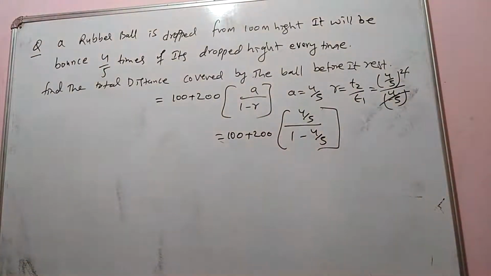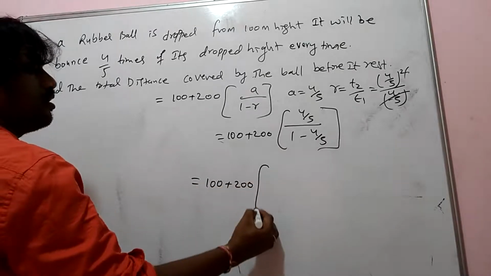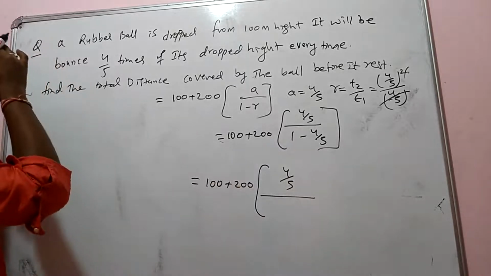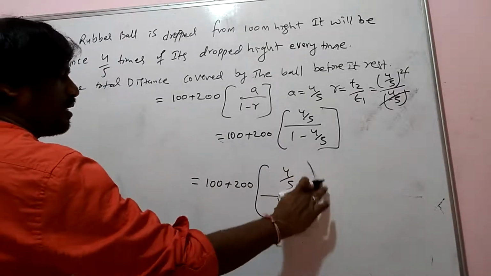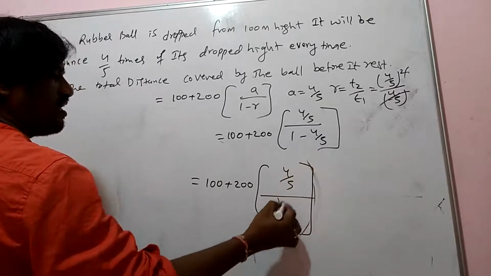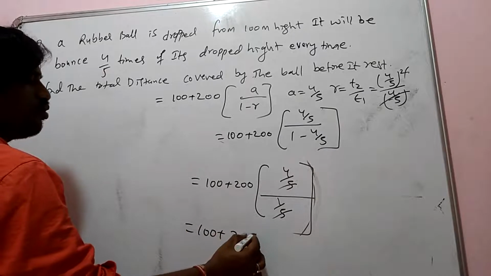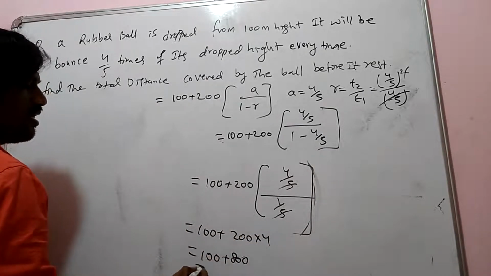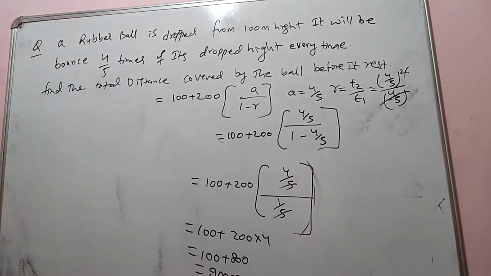So I can write this as 100 plus 200 into 4 by 5 divided by, taking the LCM, 5 minus 4, that is 1 by 5. The 5s cancel out. 100 plus 200 into 4 is 100 plus 800, so I am getting 900 meters. So the total distance traveled by the ball is 900 meters.